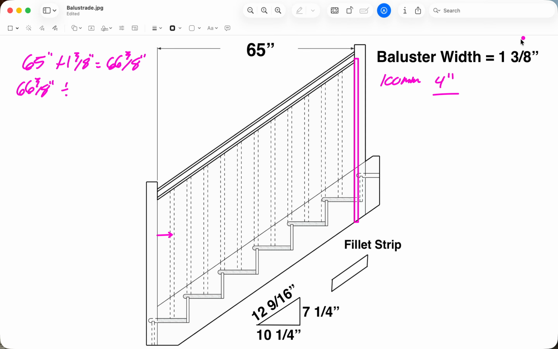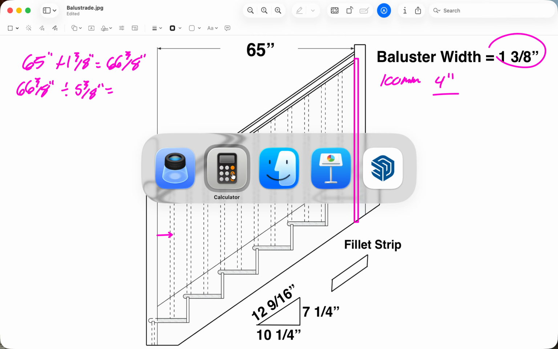So we're going to take 4 inches and add it onto our baluster width. What we're doing here is approximating. We're seeing how close we can get to 4 inches as the space between our balusters, and then we're going to narrow this down for our specific situation. So we're going to divide by 5 3/8 of an inch.